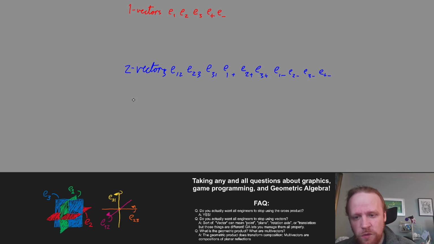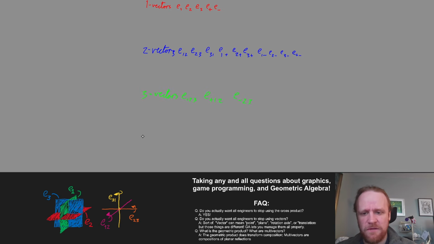Now, I'm not going to do all of the 3 vectors, but just to give you some idea, it's got 3 vectors as well. E123, E12 plus, E23 minus, etc., etc. All the combinations of that. And then it's got the 4 vectors as well, and there's at least fewer of these.